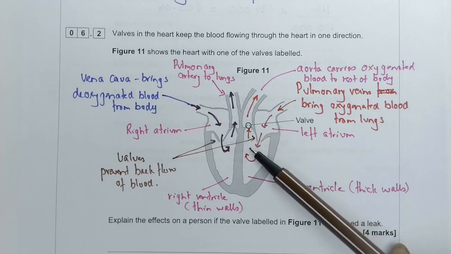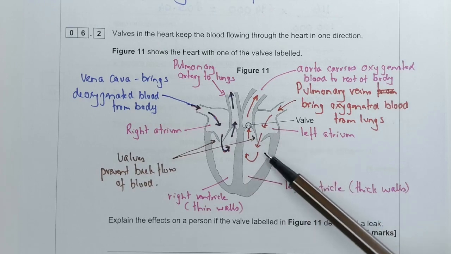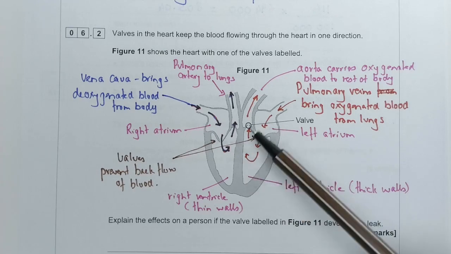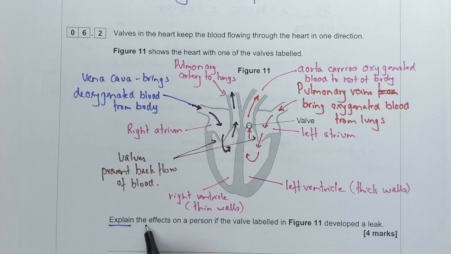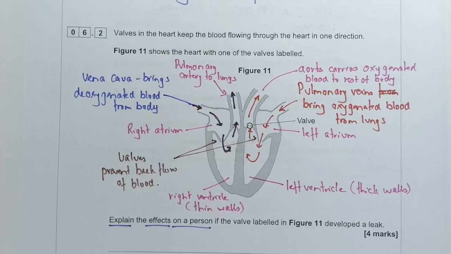If that happens, the heart is not pumping as much blood as it should. Now, because the question is asking you to explain, you need to give reasons about the effects on the person. The common mistake for this question would be students just writing down what is happening rather than saying how that would affect the person.